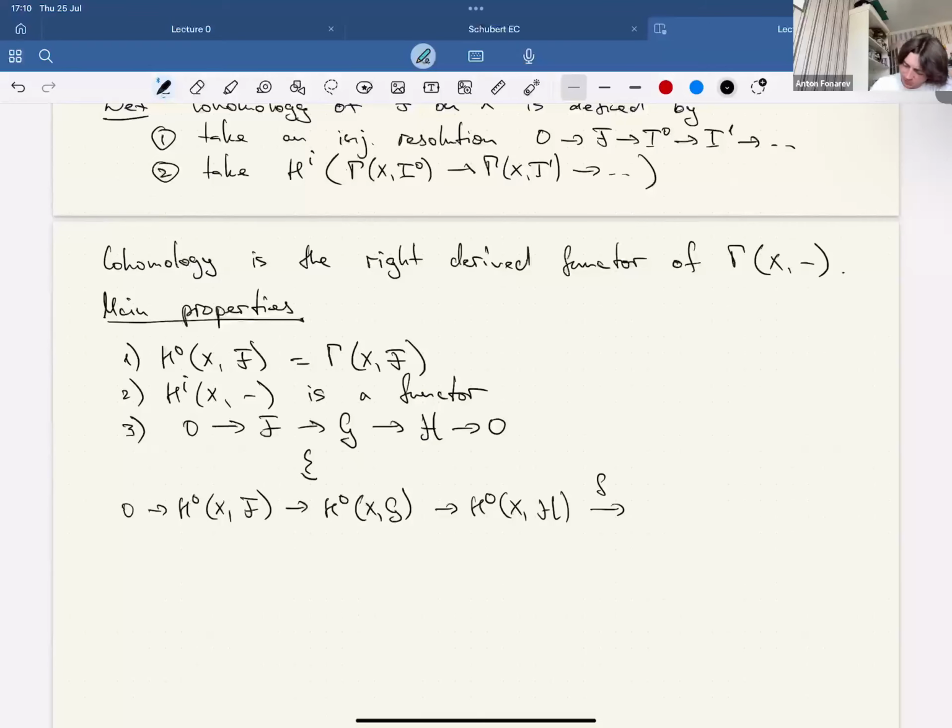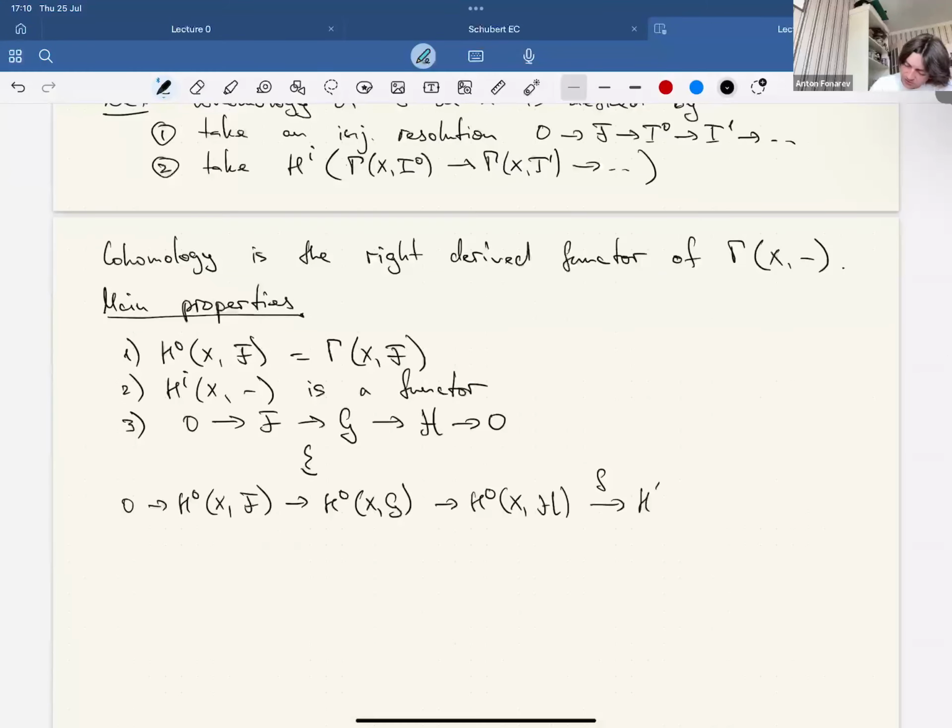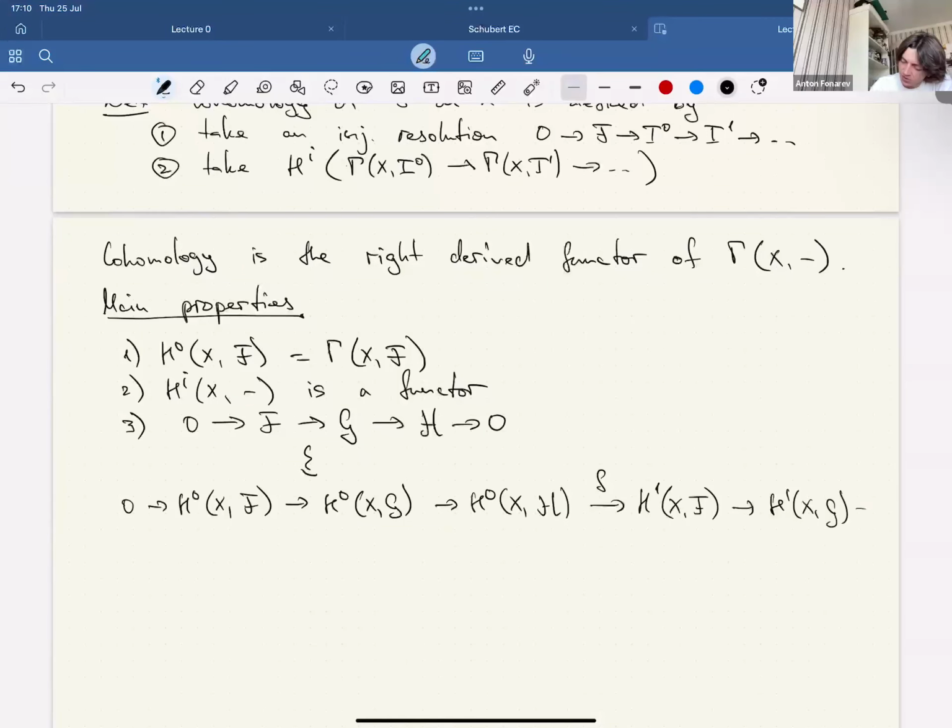Usually there is no index put in there. And you continue with H1 X F, H1 X G. Well, and it goes.